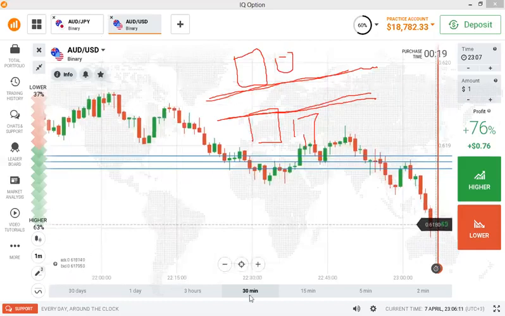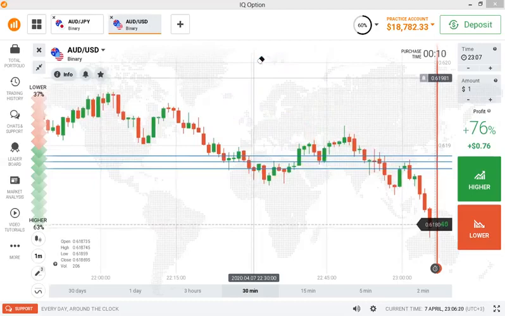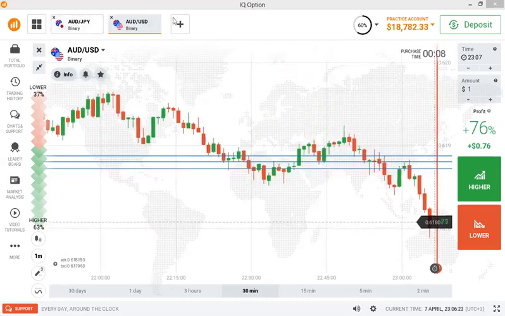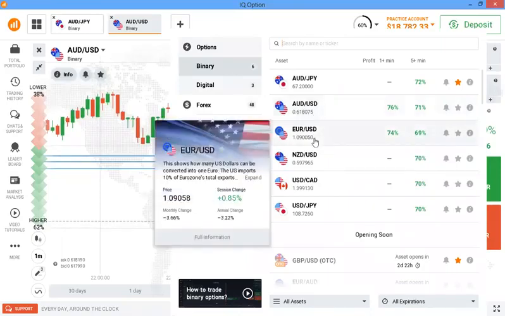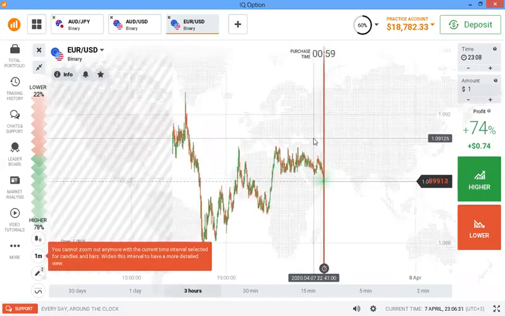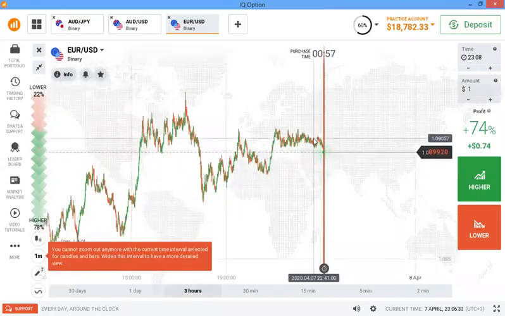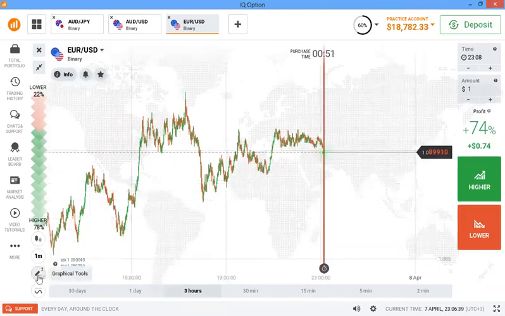So in all this, you need to observe them, how to draw SNR levels. Before you draw SNR levels, let's say you just open your chart like this, before you start trading. The first thing I will do is check, because when I check like this, I may see some opportunity here.